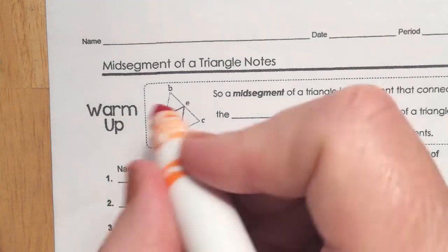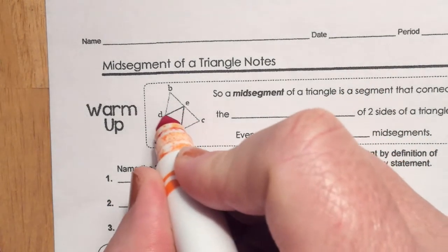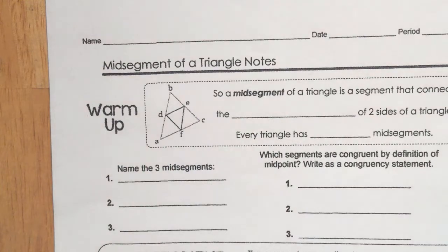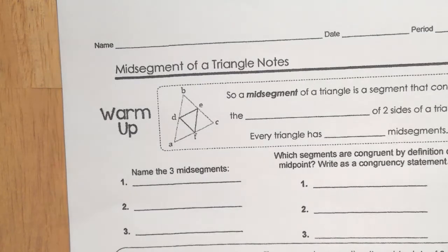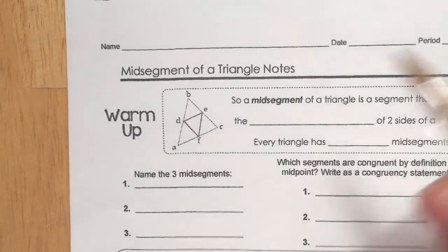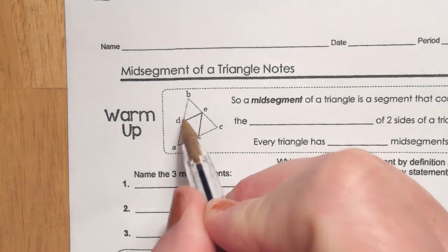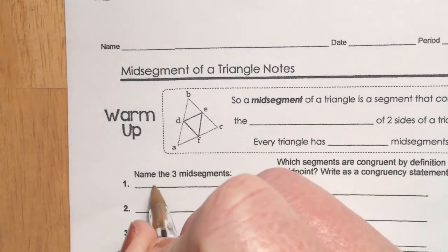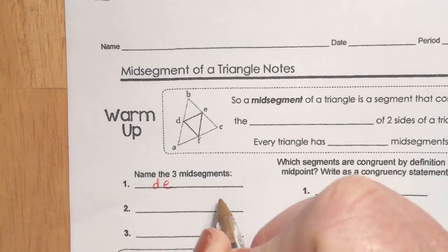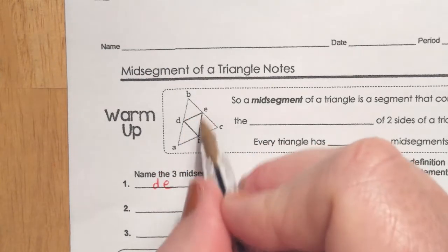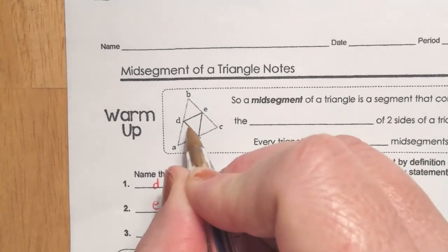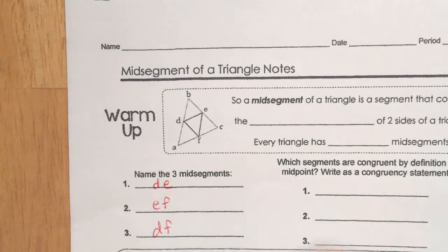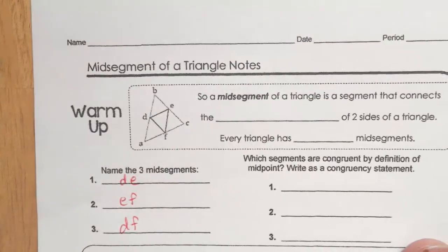So the mid-segments are these little things right there. What are the mid-segments? We have little D to E, that's a mid-segment. E to F, and D to F. Those are the little mid-segments right there.